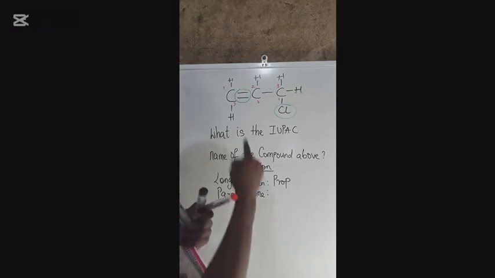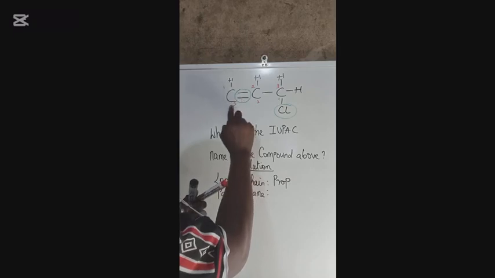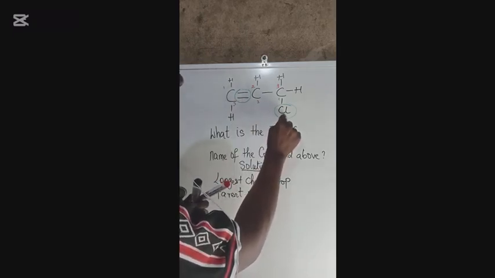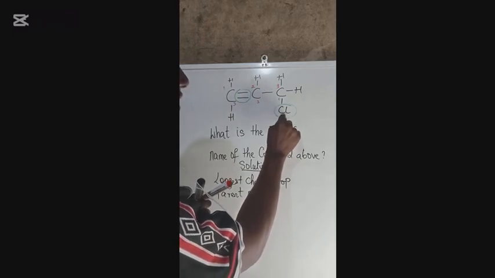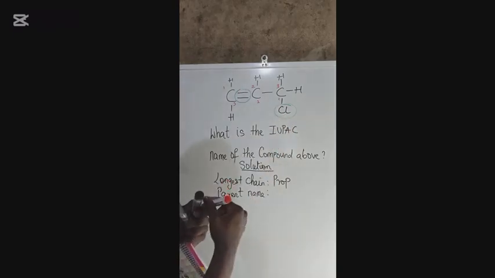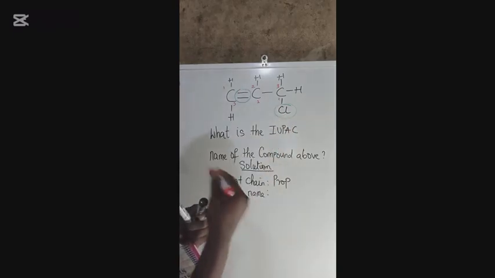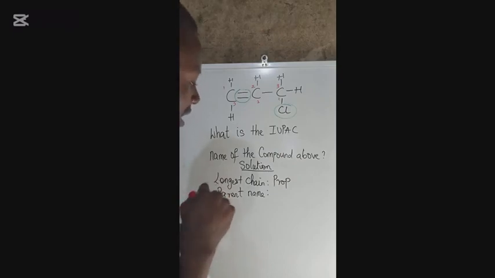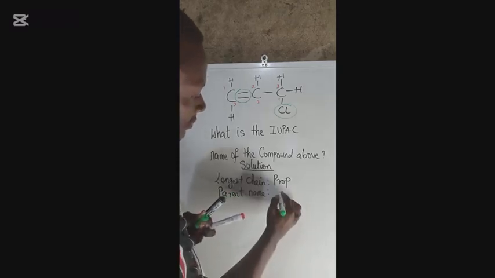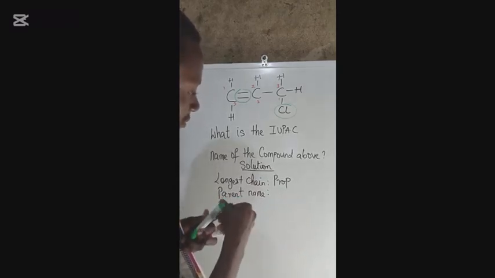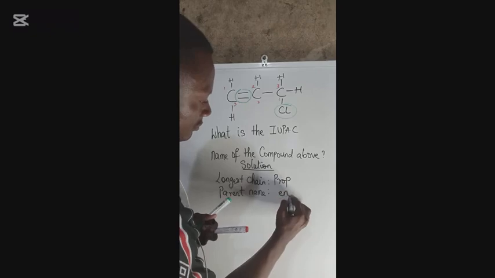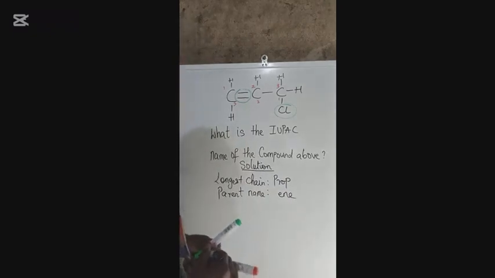Because of this, the double bond would take the smallest number ahead of the other functional group, because chlorine serves as what? As a prefix. Now, the double bond is from the family of alkene, and the parent name in alkene is known as the ene.